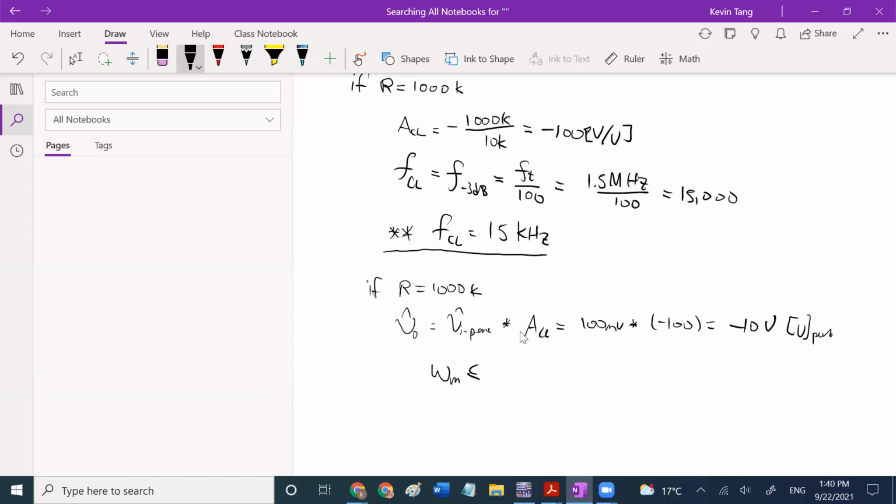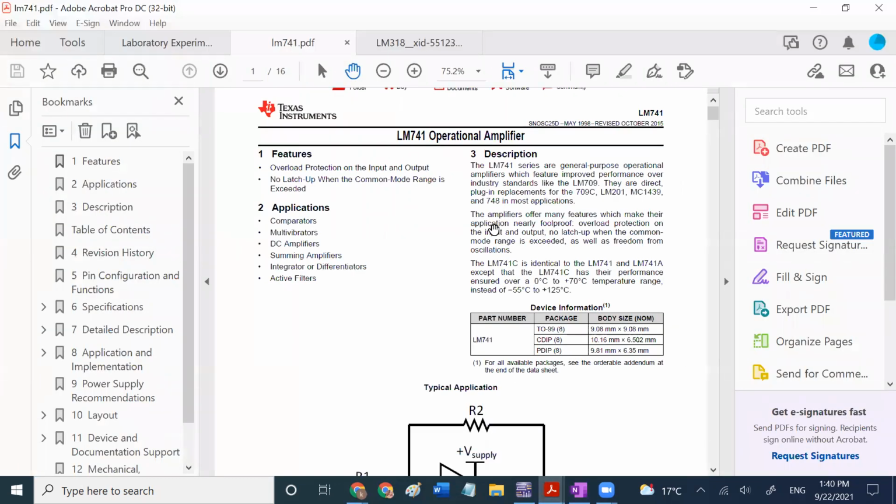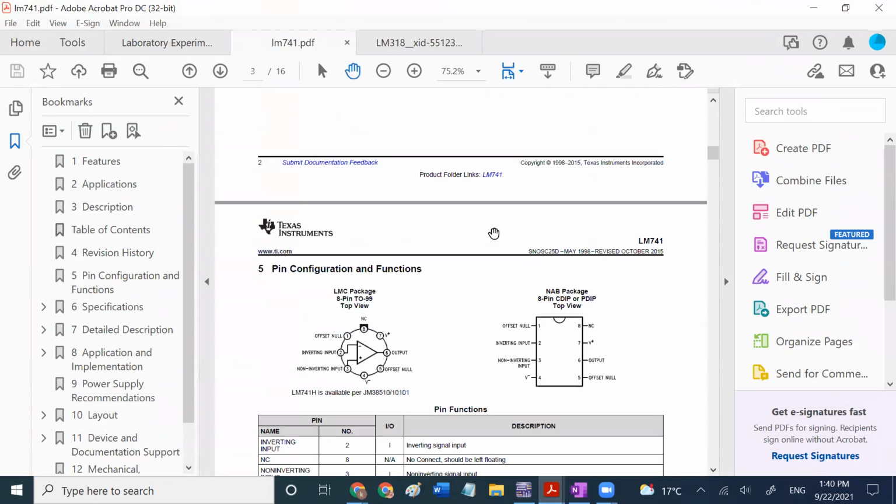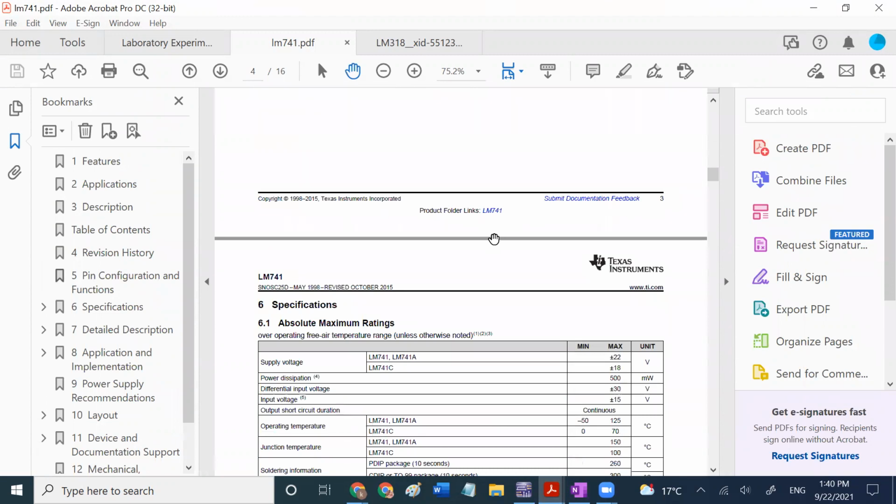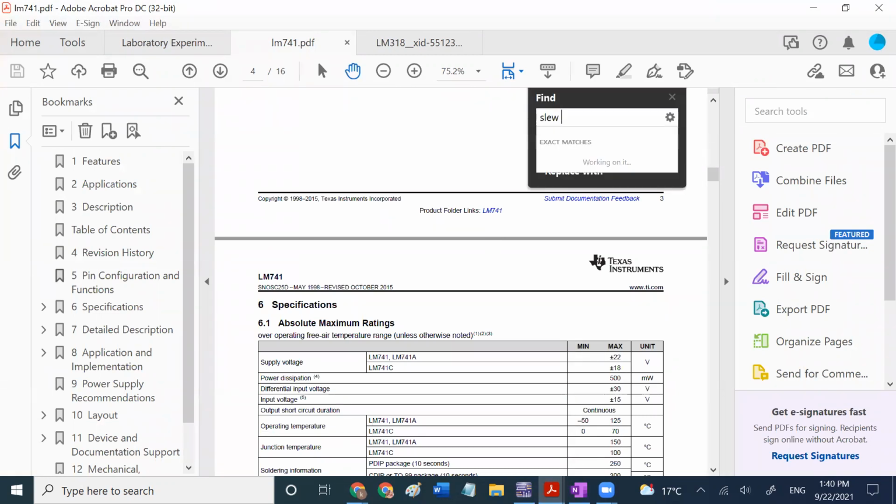Again, the SR we get from the data sheet is 0.5 volt per microsecond. This you can find in the data sheet of the 741, slew rate. All we need to do is check the slew rate.